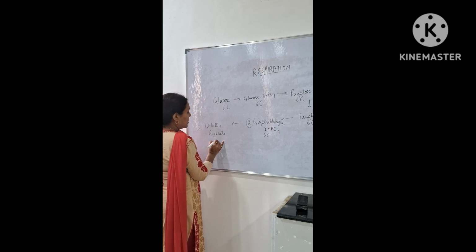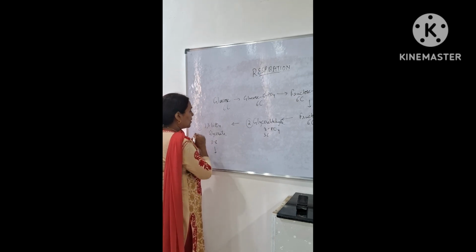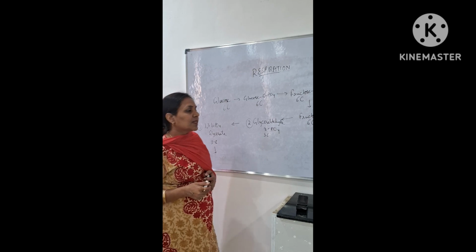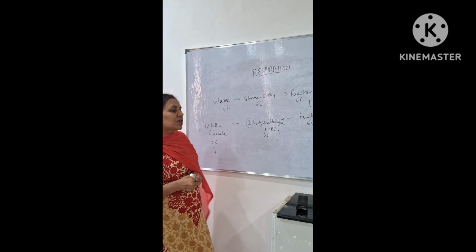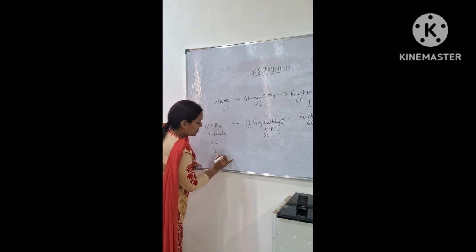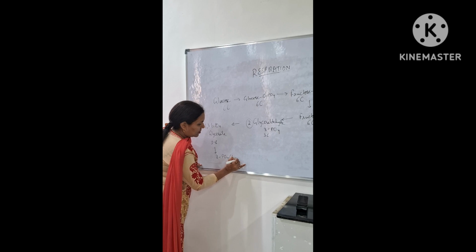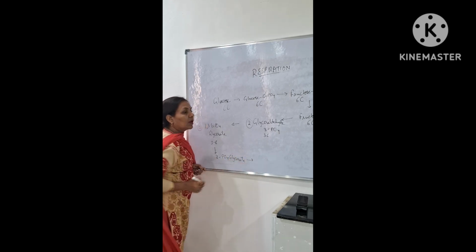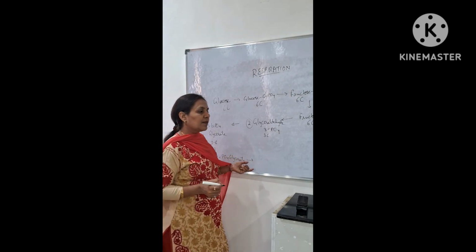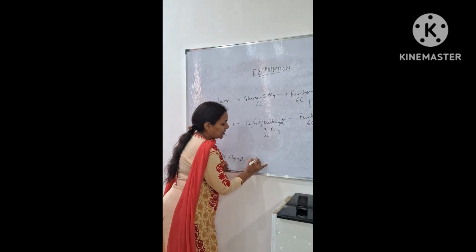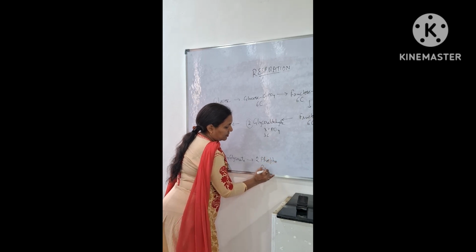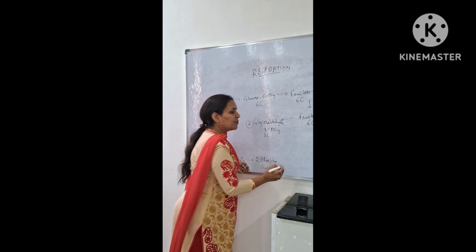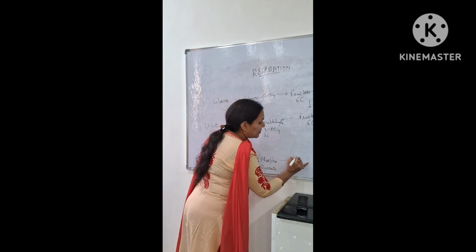Because it is a 3-carbon compound. From 1,3-biphosphoglycerate, we get 3-phosphoglycerate, that is, 1 phosphate is lost. From 3-phosphoglycerate, we get 2-phosphoglycerate. 2-phosphoglycerate leads to formation of phosphoenol pyruvate.